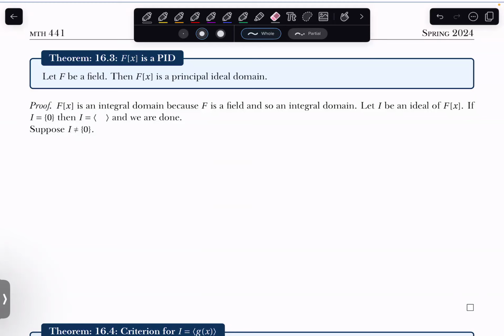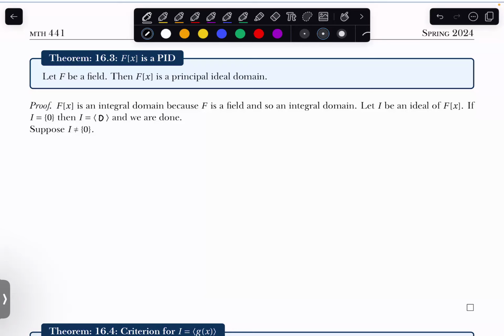Okay, and so we're going to take some ideal inside of my polynomial ring. And we can think about what happens if it's the trivial ideal and then what happens otherwise. So here, if it's the trivial ideal, I can think of it as being the principal ideal generated by zero. And so in that particular case, we're done, right? But our goal is going to be to show any other ideal that we have has to be generated by one specific element.